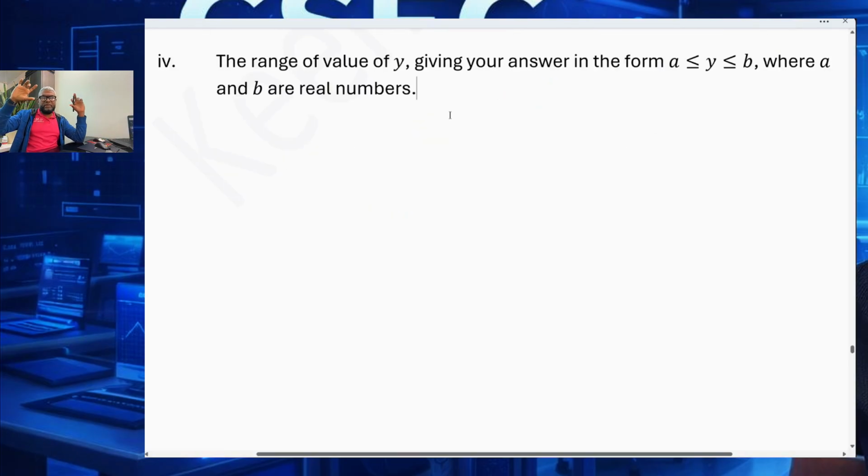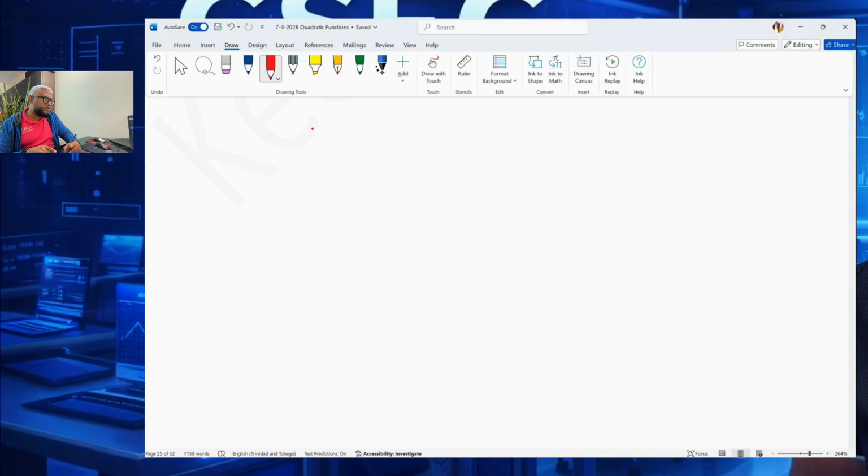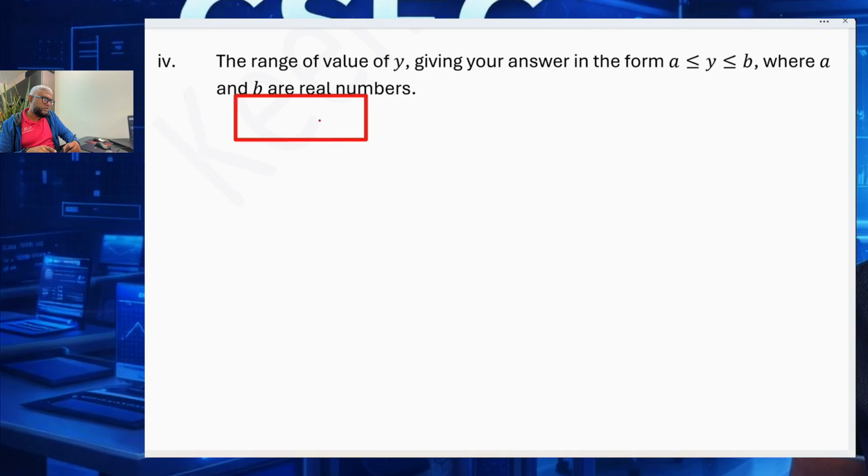I don't know if you all remember when I said your x values would be your domain. I said it above. And then I said your y values would be your range. Write that down for me. That's a little reminder. Note, right?